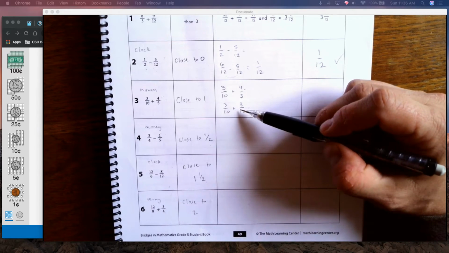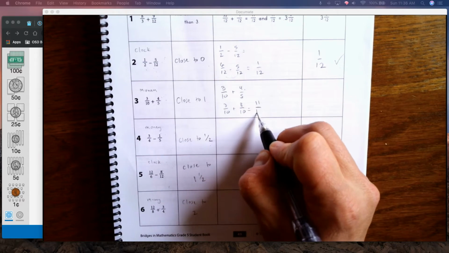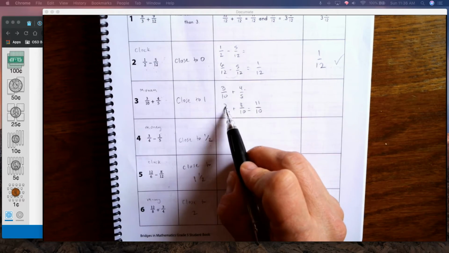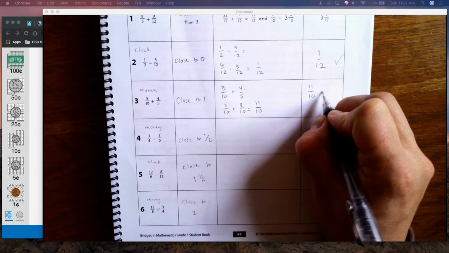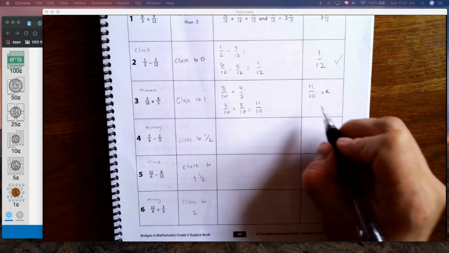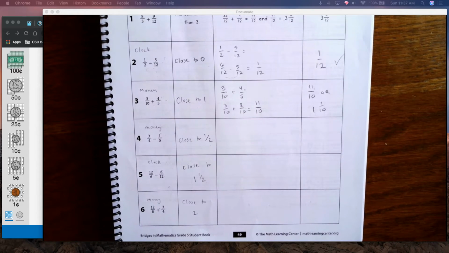So 3/10 plus 8/10 is 11/10. So 8 plus 3 is 9, 10, 11. So 11/10, or 10 can go into 11 one time with a remainder of 1/10. So 11/10 is the same as 1 and 1/10, or $1.10.